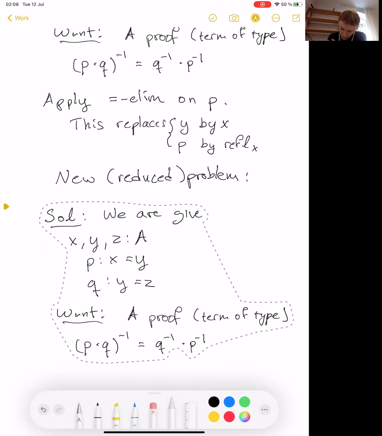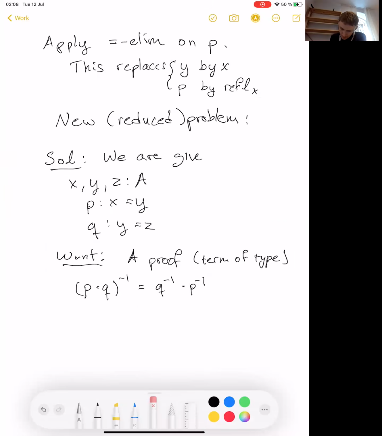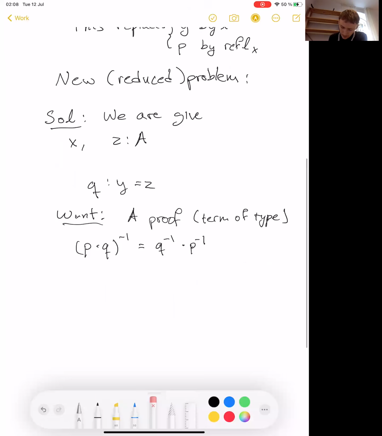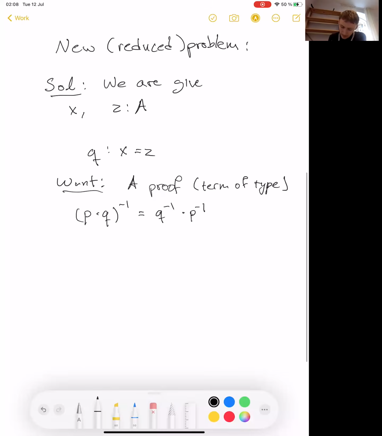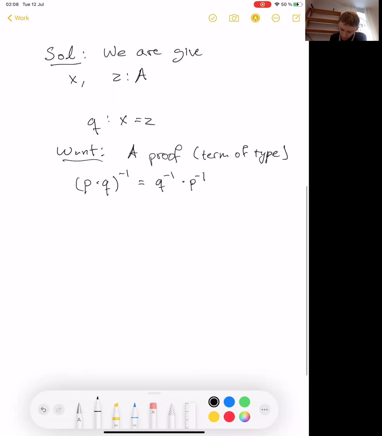Aha. Okay, so we're given a new problem, but in this new problem, the Y is completely erased. The P is going to be gone because it's replaced by REFL everywhere. So we're just going to delete the P. And well, Q is no longer a path from Y to Z. It's a path from X to Z. And the thing we're now trying to prove is not that P composed with Q inverse equals Q inverse composed with P inverse, is that well, P is gone now, right?